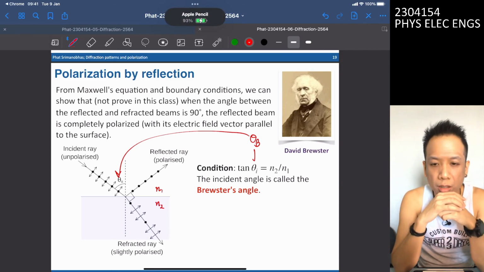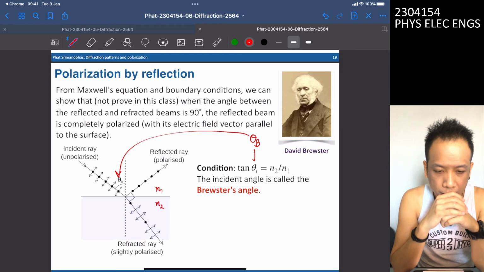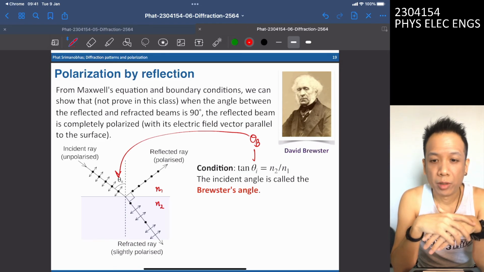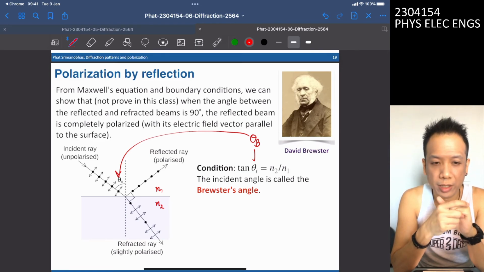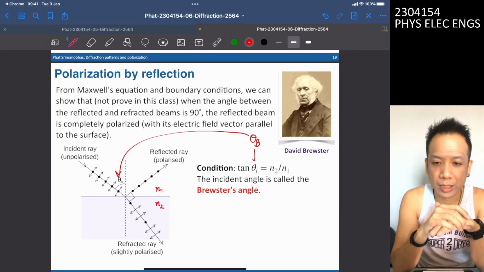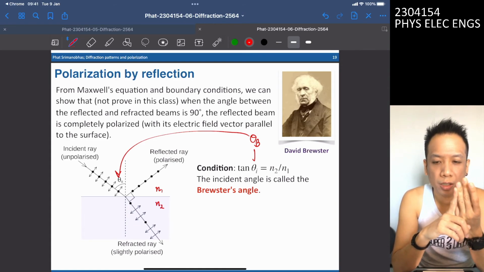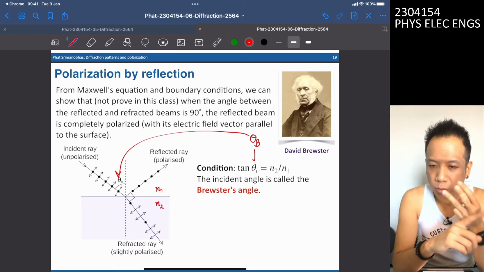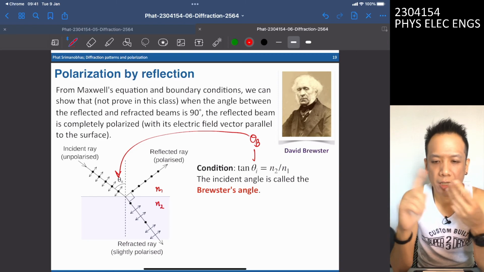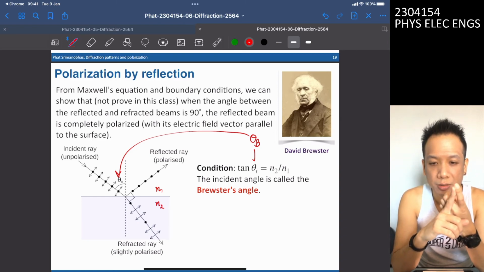I think this is all for the exam on April 20th. It's finished at this point, polarization and diffraction. So you have three topics to review during Thai Songkran Day: electromagnetic waves, interference, and diffraction and polarization.